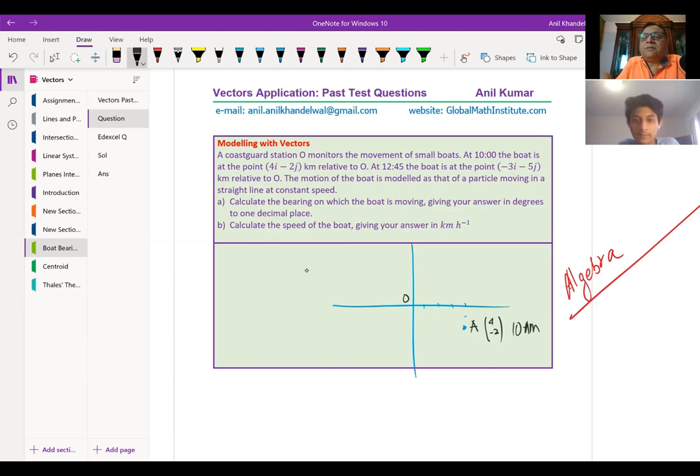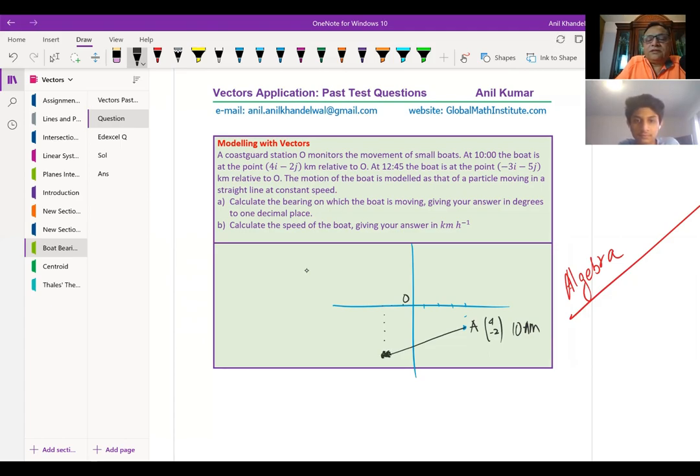And kilometers relative to O at 12:45. That means after 2 hours, 45 minutes, minus 3, minus 5. So you go to this place: 1, 2, 3, and then 1, 2, 3, 4, 5. It moves from here to there.